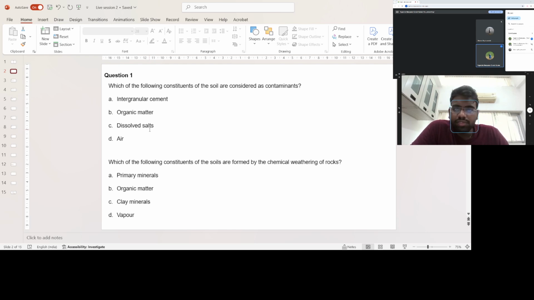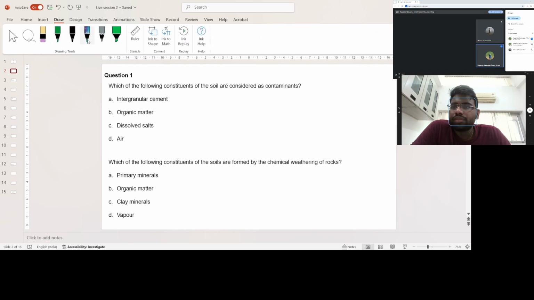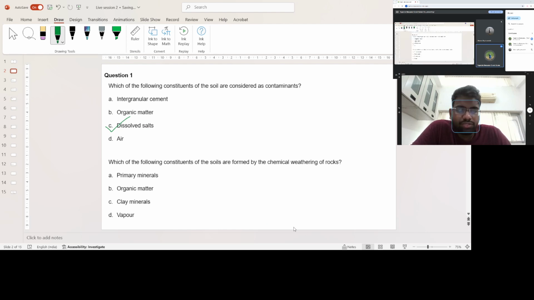So among the options given, the most suitable option is dissolved salts, which has the potential to contain the contaminants. So the correct option is option C. Any confusions, any points you would like to add, or any clarity you need?